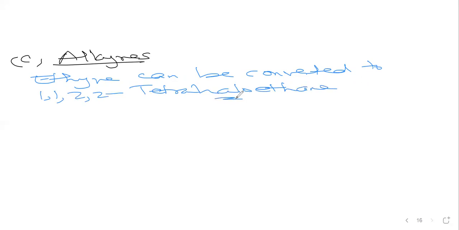The halo means it can be chloro, it can be bromo. Iodo is not so common for that reaction. This reaction takes place in the presence of a catalyst. That catalyst is called Kieselguhr catalyst, specifically for ethyne.